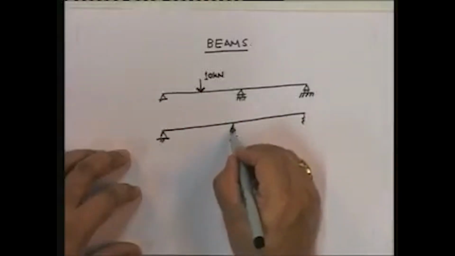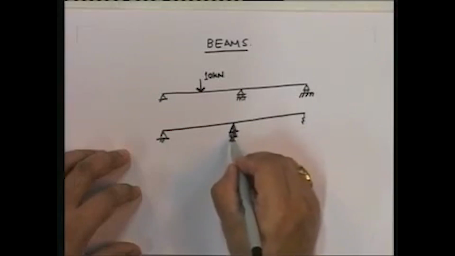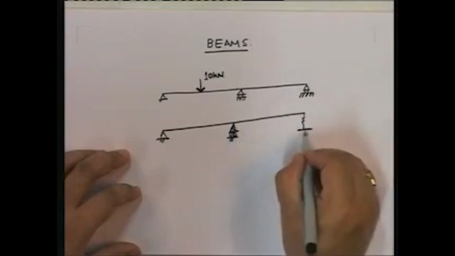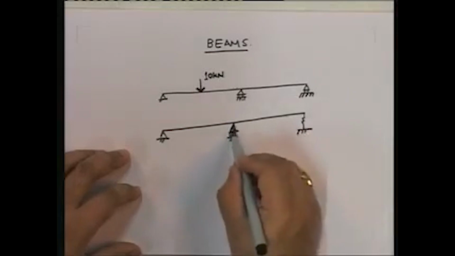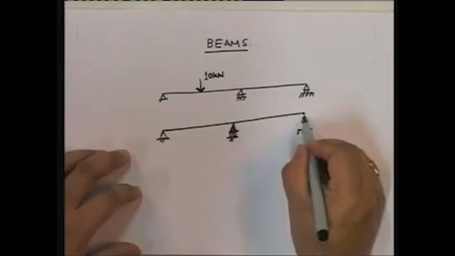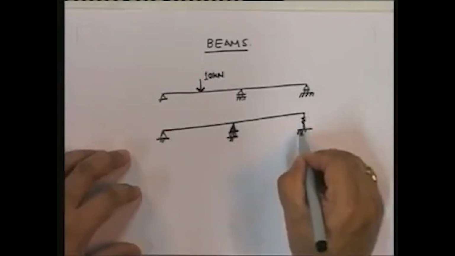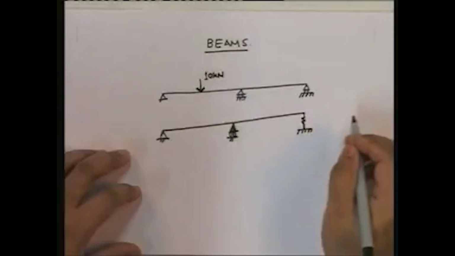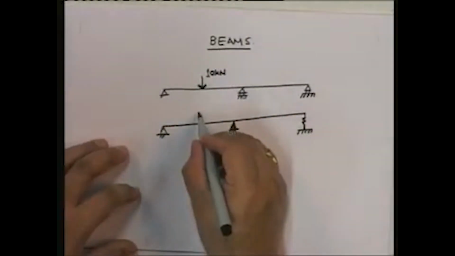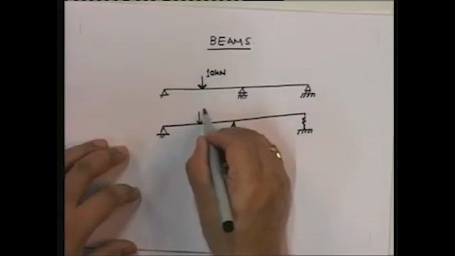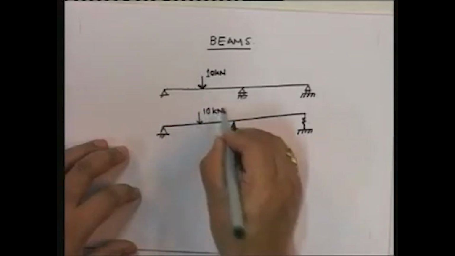Let me not consider both of them flexible, let me just consider one of them flexible. So, let me take that this continues to be a roller support, but this is flexible. And I have this load.